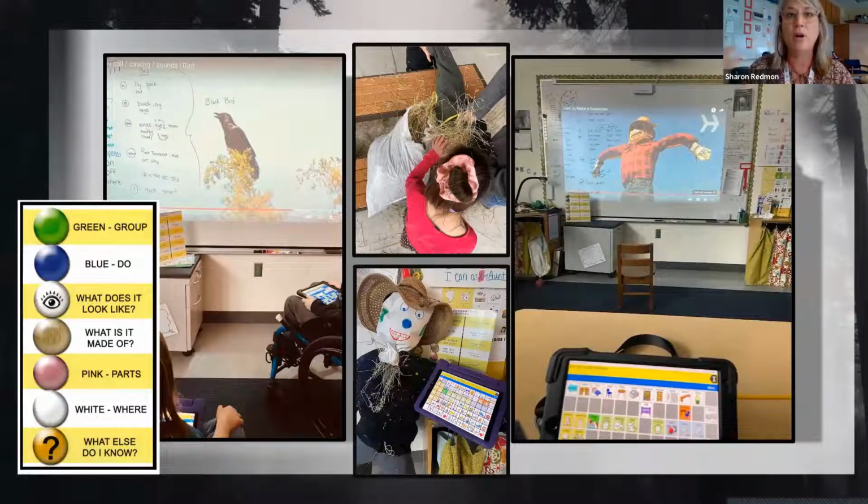So I could go and put it in their talker, or we could teach our children to describe what a scarecrow is, so that when they don't have the word, and we didn't know that they wanted to talk about a certain thing, they know how to use the words that they do have to start describing these things and having the background knowledge to be able to do that.